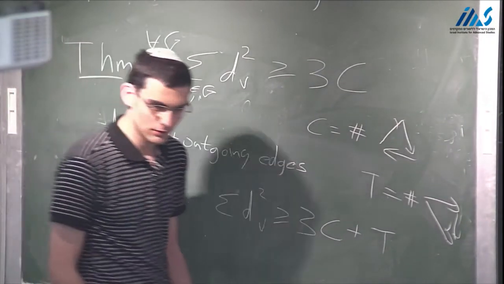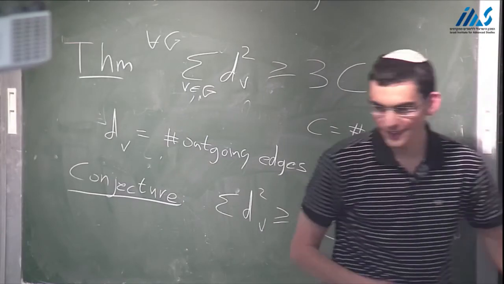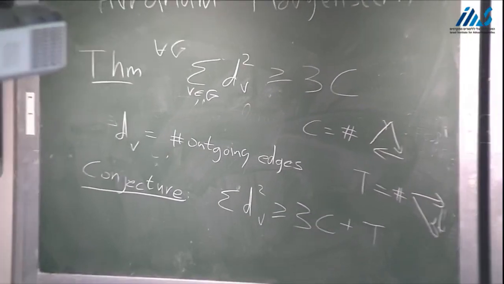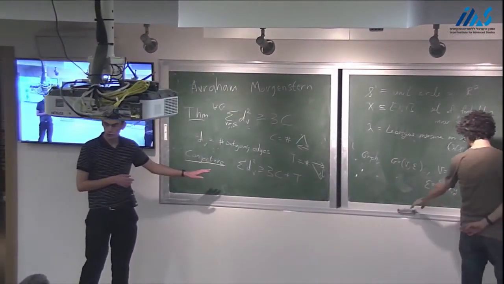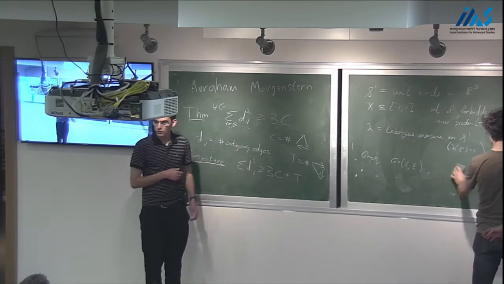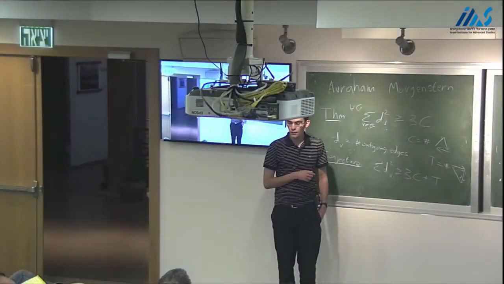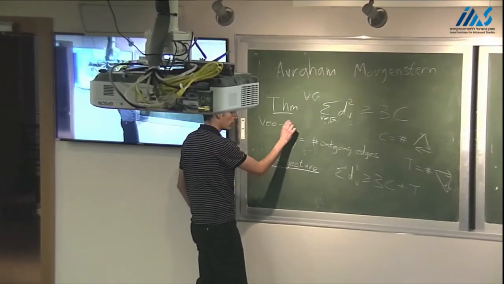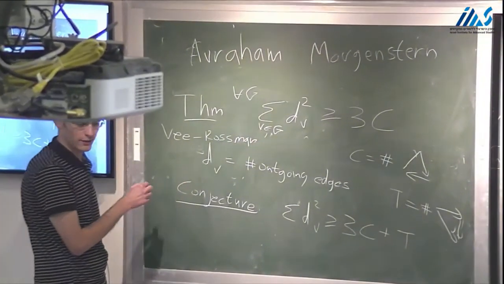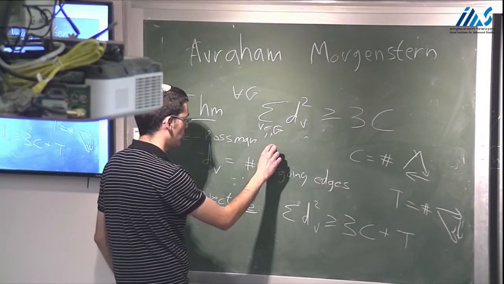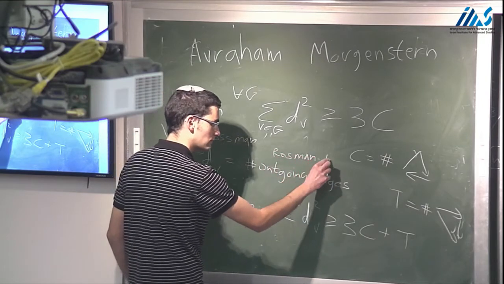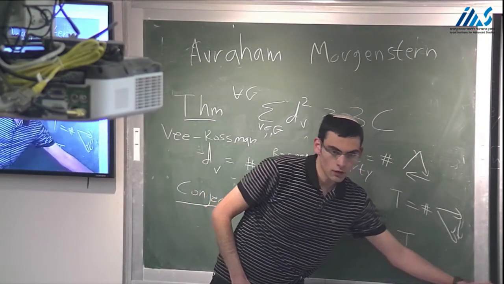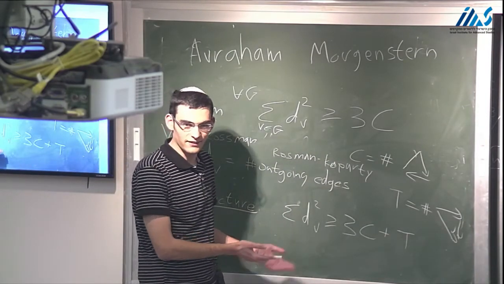The question: for every directed graph G, does this inequality hold? The original was first proved in 2006 by V and Rosman, I think, and later in 2012, I think, by Rosman and Caccetta. So this is a strengthening.